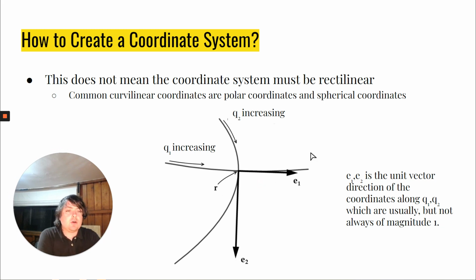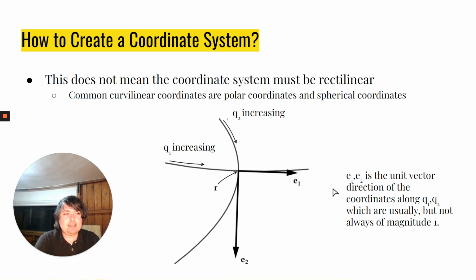Okay, so in a generalized coordinate system, where q1 is one of the variables and q2 is another, you can have each of them increasing in your coordinate system, but the location where they intersect, they're perpendicular.